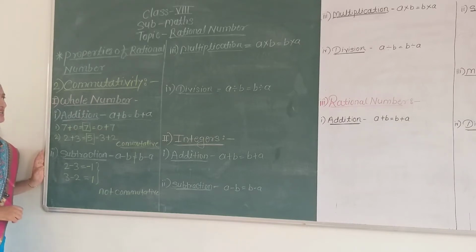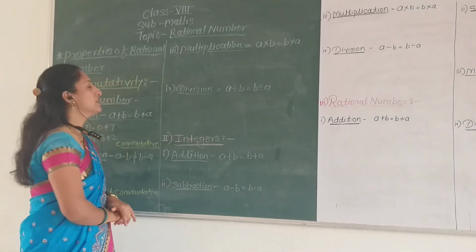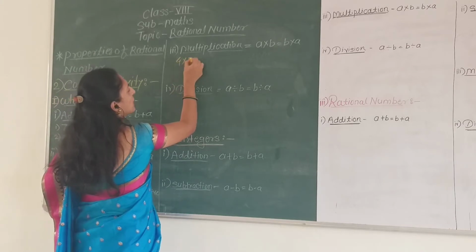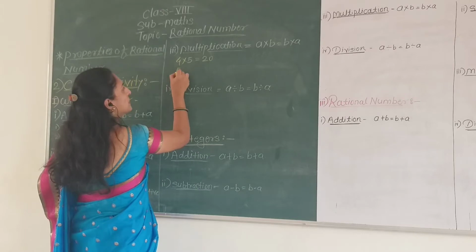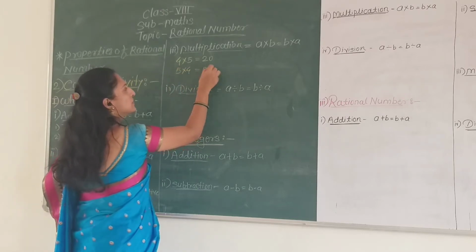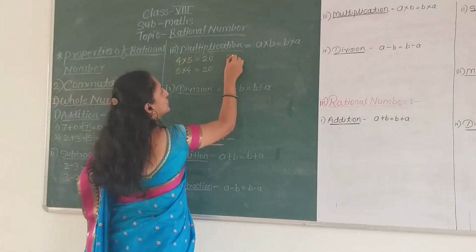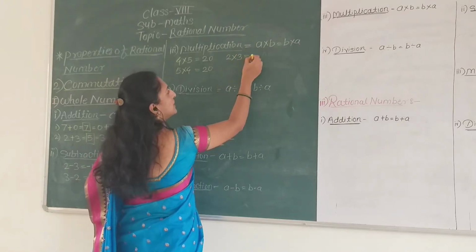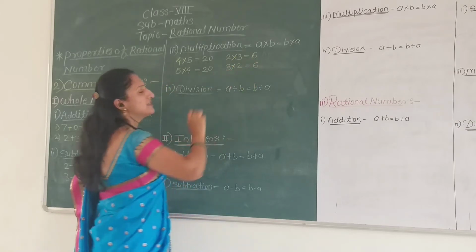Now let us check the other mathematical operation, which is multiplication. Let us check here 4 into 5. Now 4 into 5 is equal to 20. Now check 5 into 4. 5 into 4 is also 20. Again 2 into 3 is 6, and 3 into 2 is also 6.